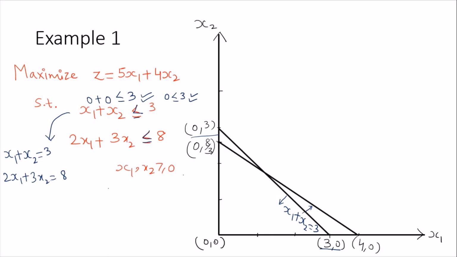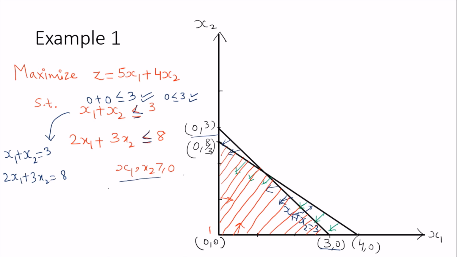Doing this, I have marked the feasible region like that, keeping in mind that I have to draw it in the first quadrant only, because the non-negativity restrictions are also given. This is how I get A, B, C, D as my feasible region, where C is (1, 2).